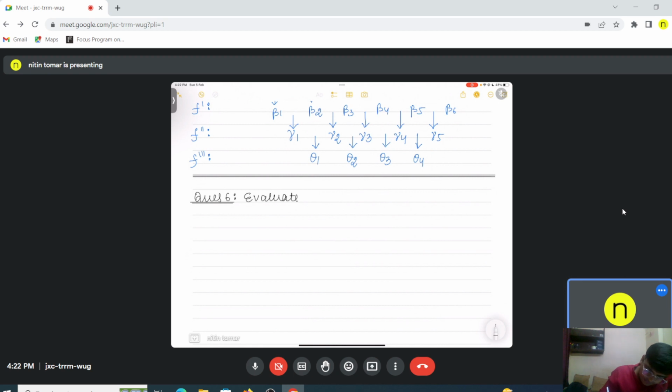Evaluate an approximate value of the function f(x) equal to e^x at x equal to half.